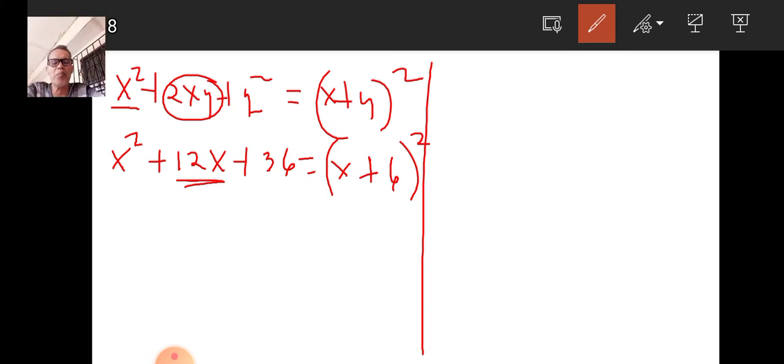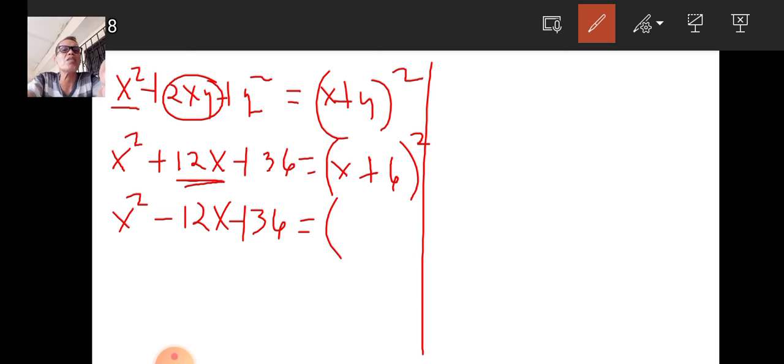Another example, if you have x squared minus 12x plus 36. You will notice the only difference is the middle term. All the rest are the same.